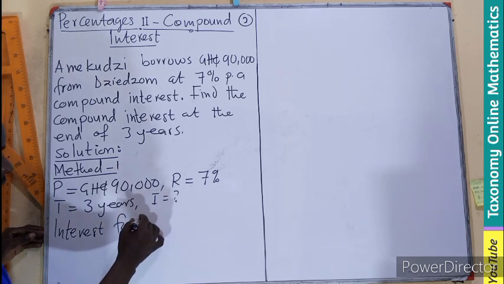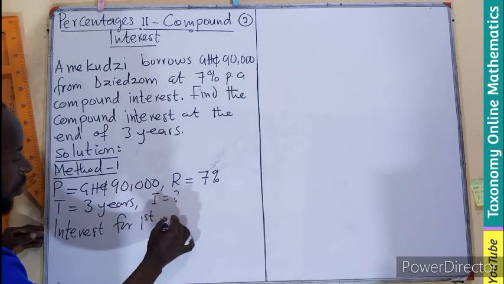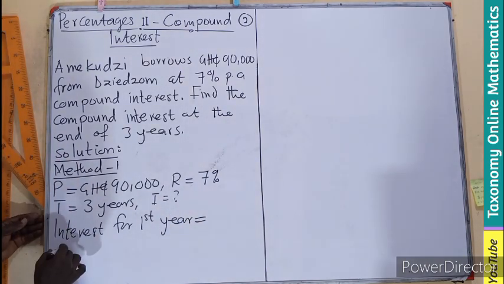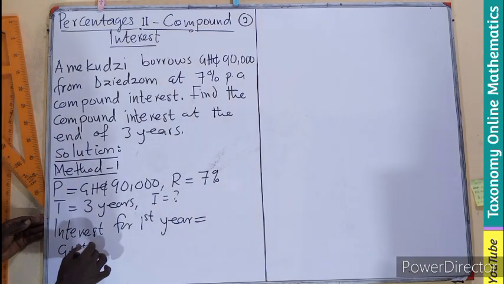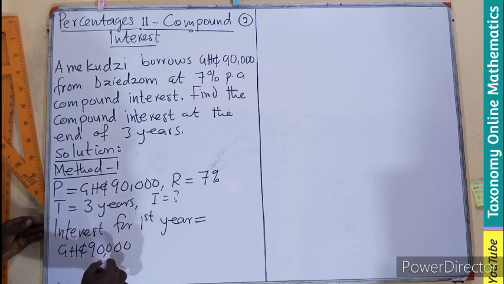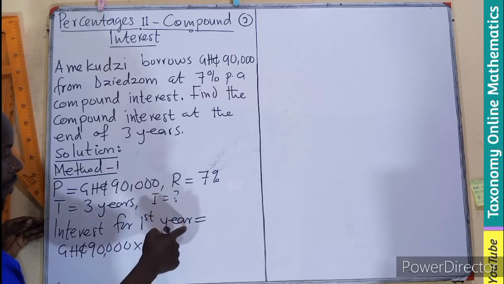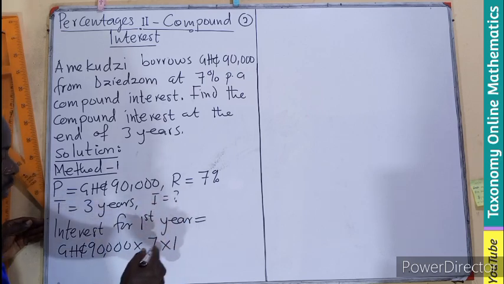So let's say interest for first year. Interest for first year will be the principal, which in this case will be 90,000 times the rate, which will be 7 times the time. In this case, first year, so the year is only 1.